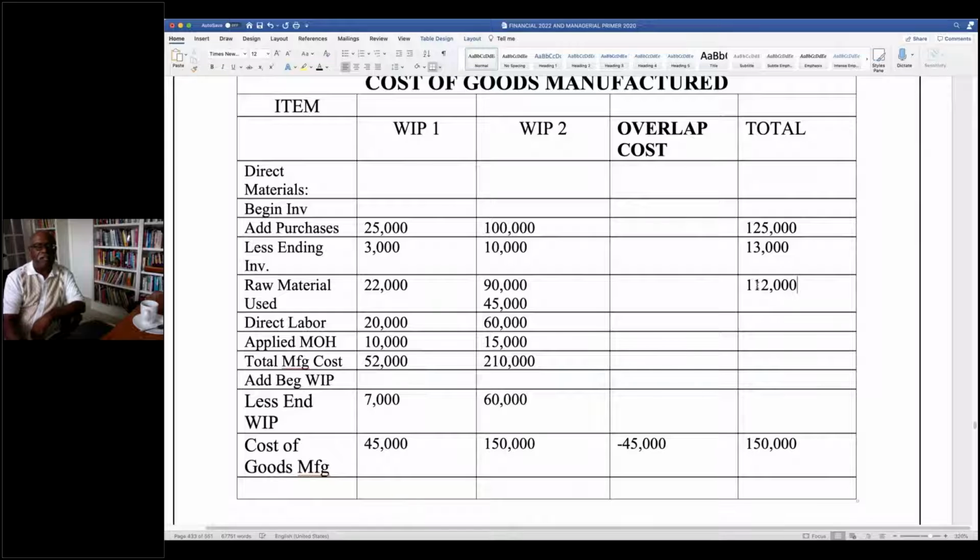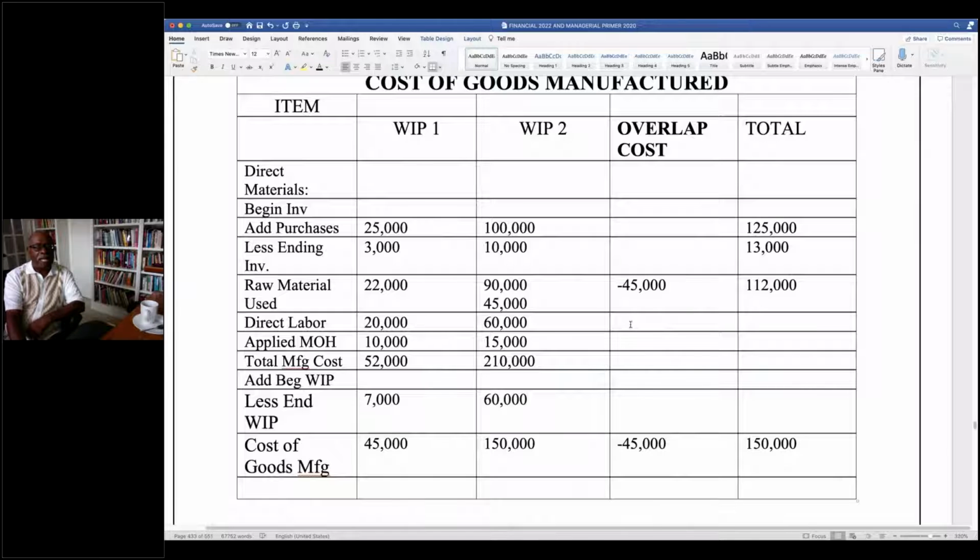But if I add 22, 90 and 45, I don't get 112. What I did was I added 22,000 plus 90,000 and put the overlap of negative 45,000 to get 112,000. We put that overlap in again. Yes.